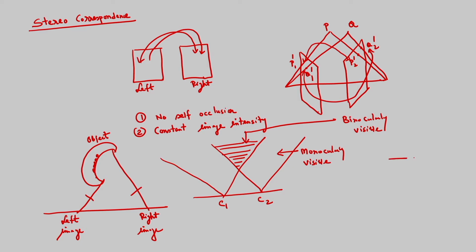Suppose I have C1 camera, and another camera is C2. I have two cameras. Similarly, I have another camera C2.